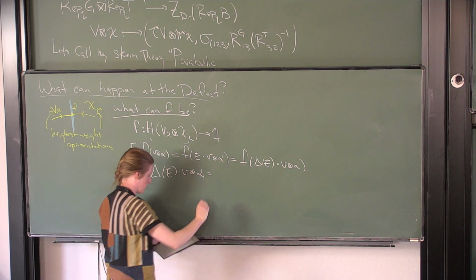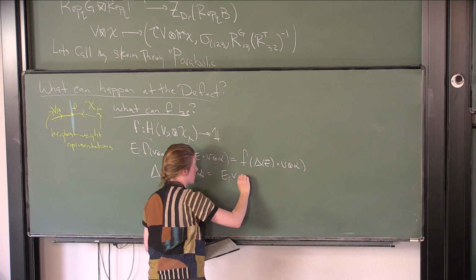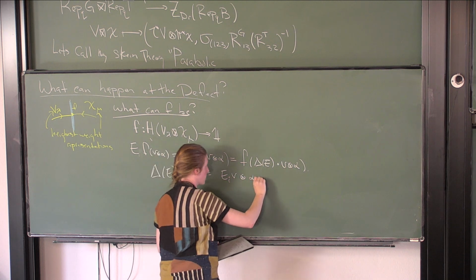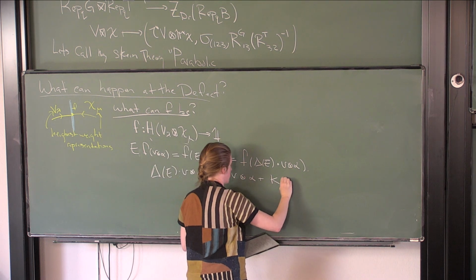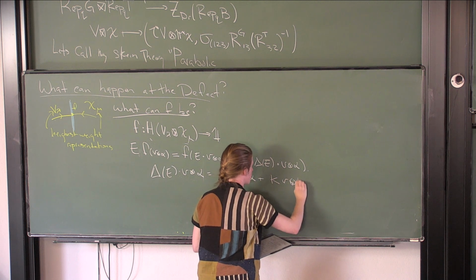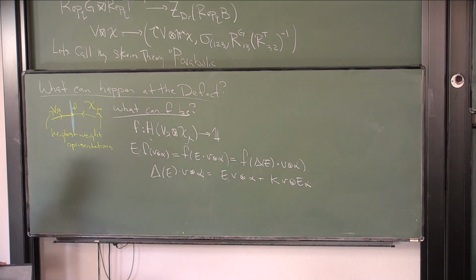Well, this is going to be EI V tensor alpha. So here it just acts on the first one, and on the second one it's going to be KV tensor E alpha, like this.